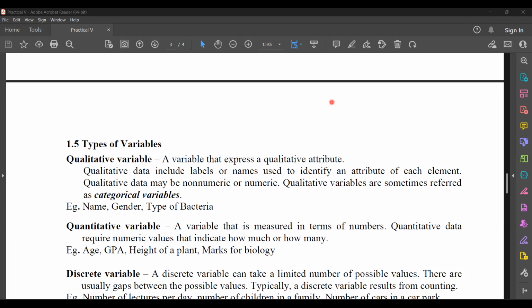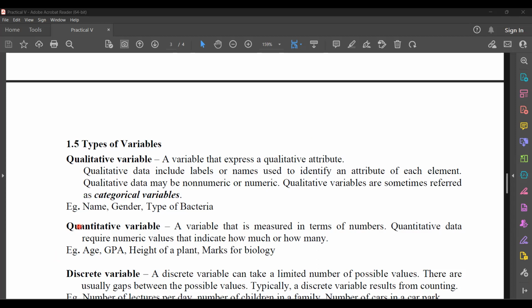For example, marital status, or the variable gender, where you can only identify the categories: male and female. Those are just labels, right? You can't do any calculations with this.